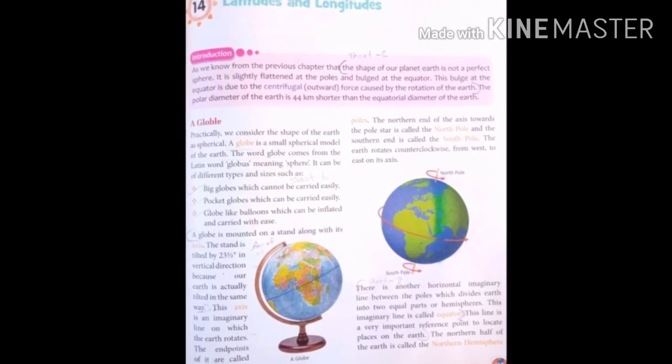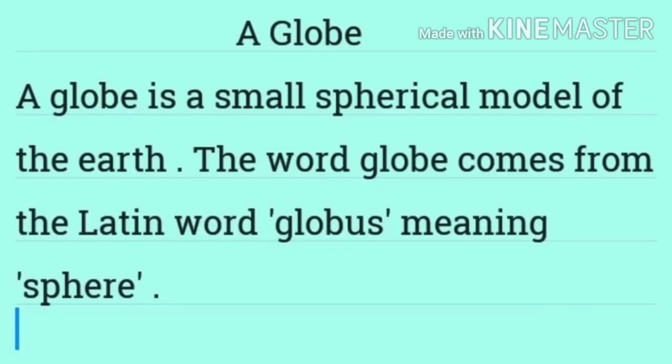So students, we will continue with our topic, the globe. You have seen the globe and hope you know what a globe is, but today we will come to know the definition of a globe. As I've told you, the shape of the earth is spherical and practically we consider it as a sphere.